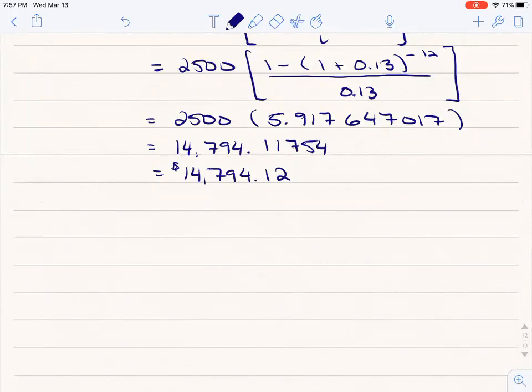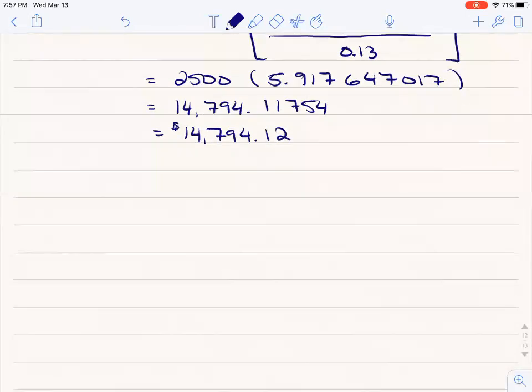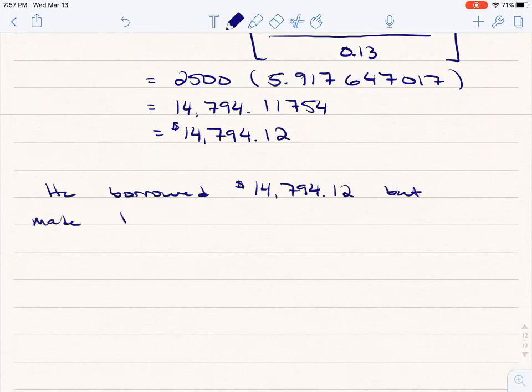How much did it cost them? He borrowed $14,794.12, but made 12 payments of 2,500.